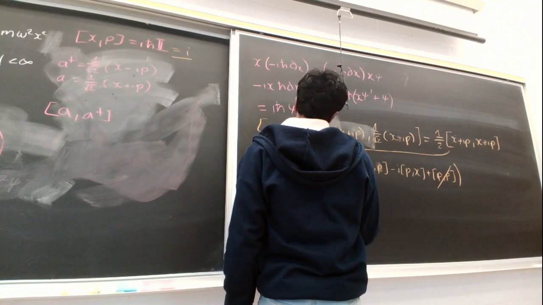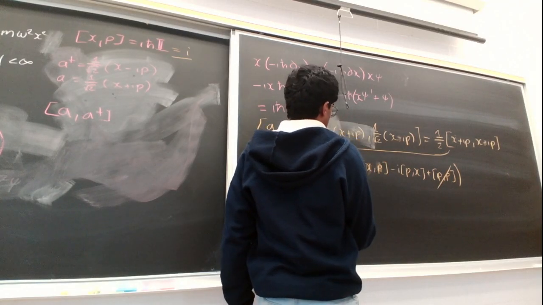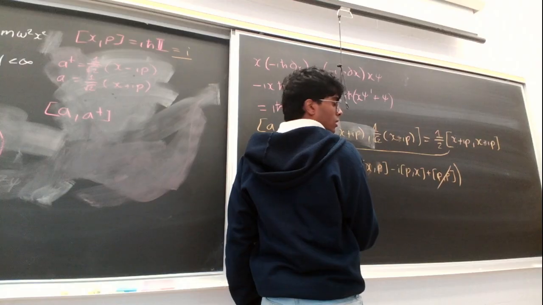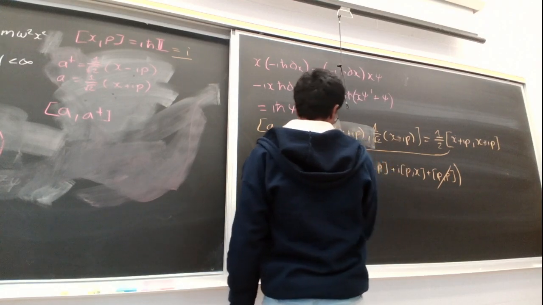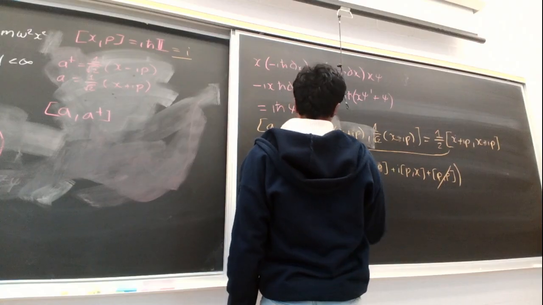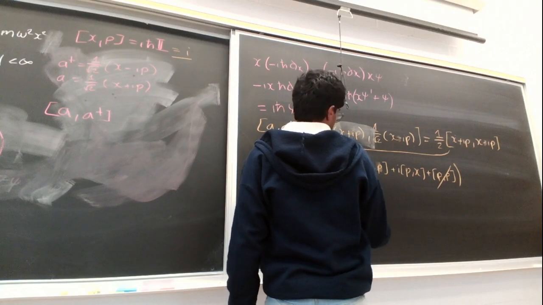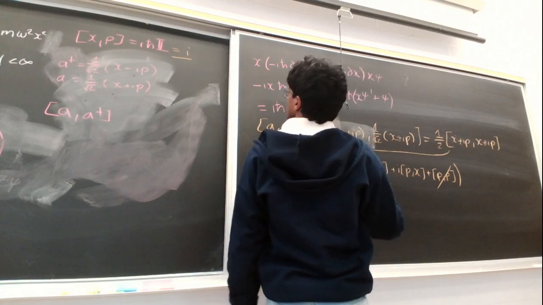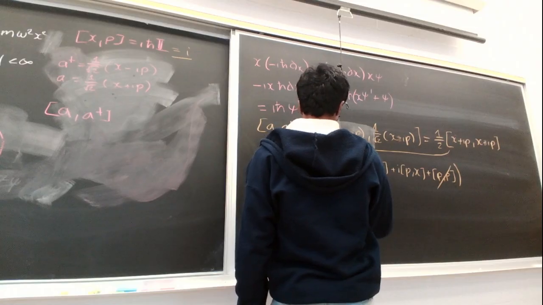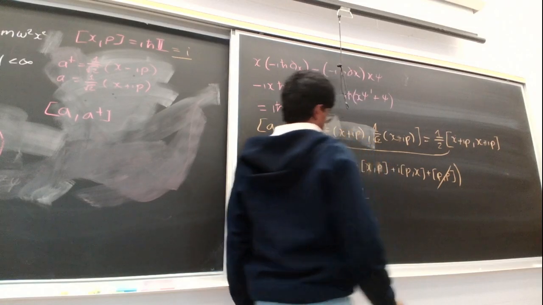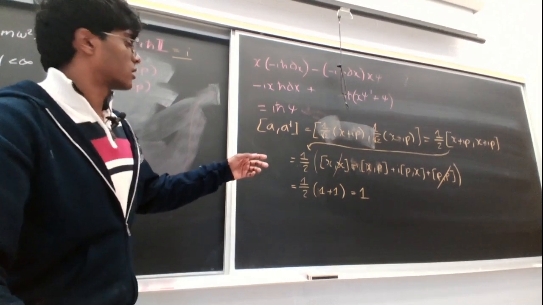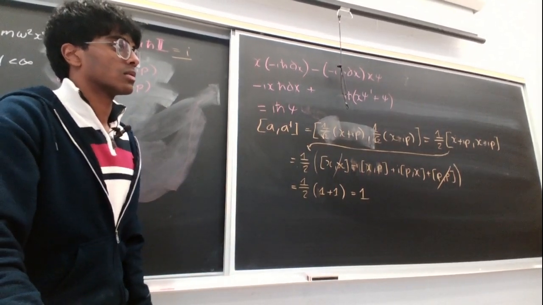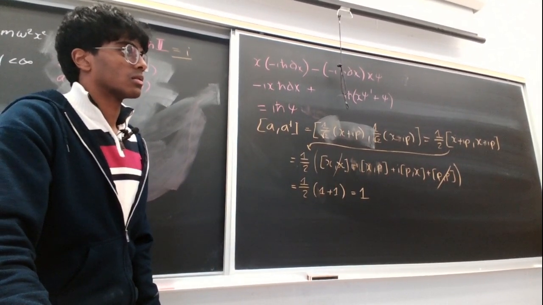Wait. No, X with P is minus or plus? I think there should be a negative here, and this one should be positive. Hold on. Yeah, I think this is right.